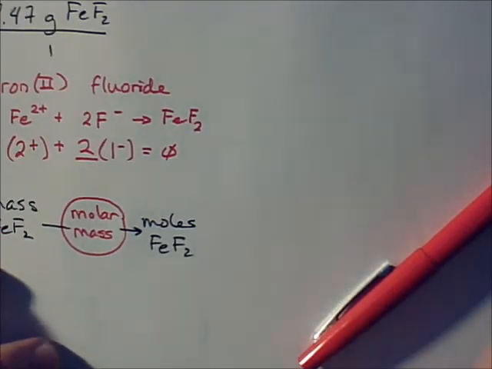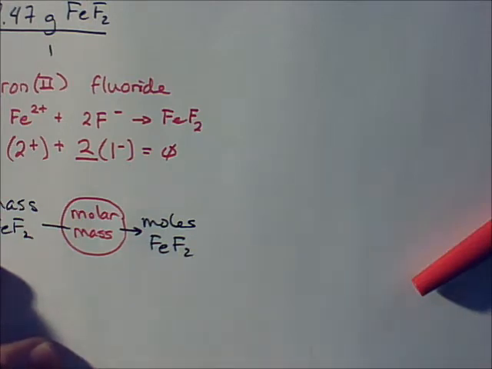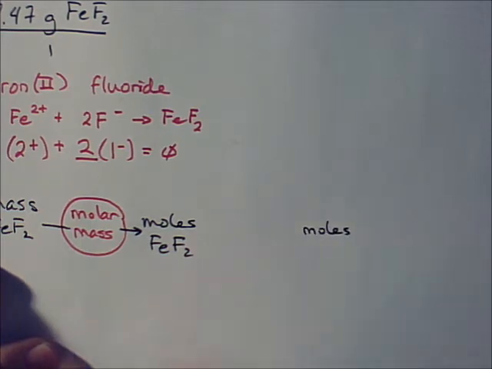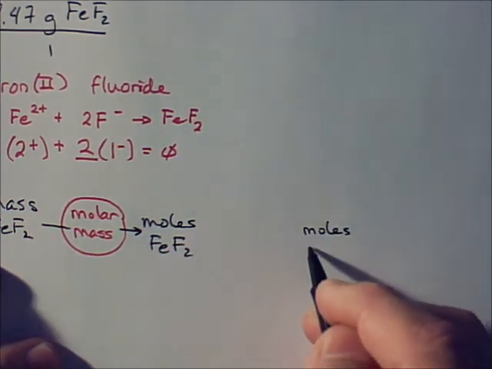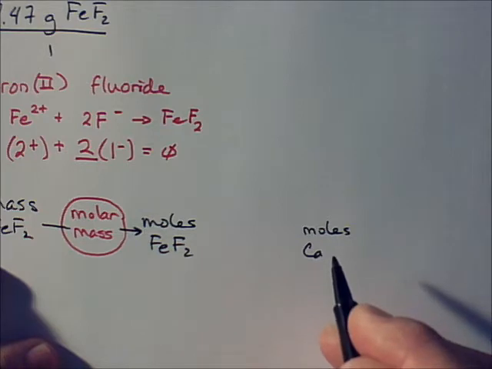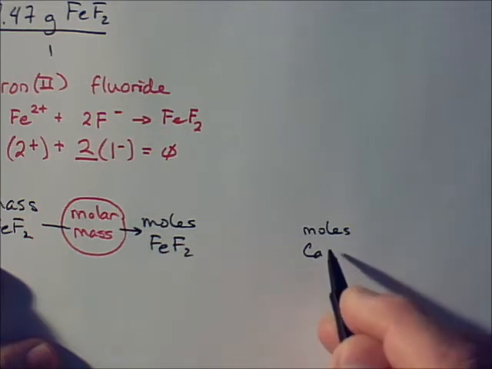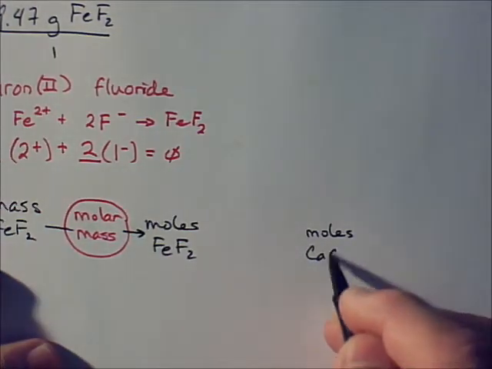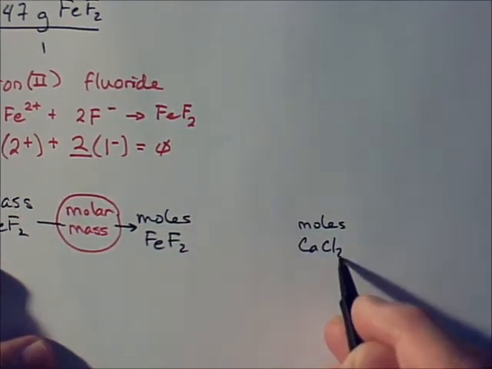Once we have the moles of FeF2, then we've got to get to the moles of the stuff we're trying to find, which is calcium chloride. I could go ahead and show you how to balance that one, but I've shown you how to do it. You should know how to do it, but I'm going to give you the formula here. There's calcium chloride.